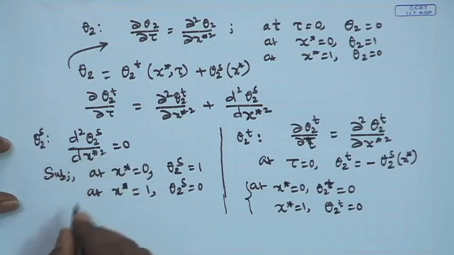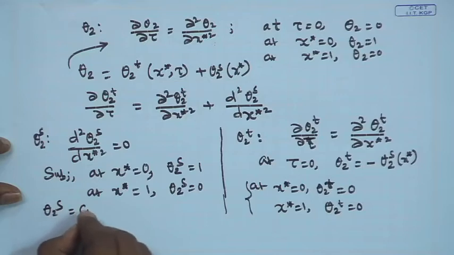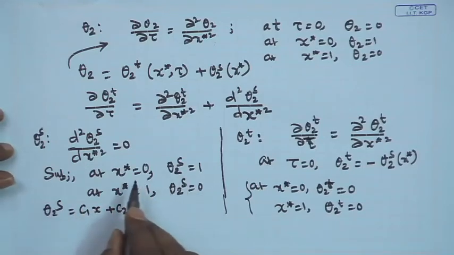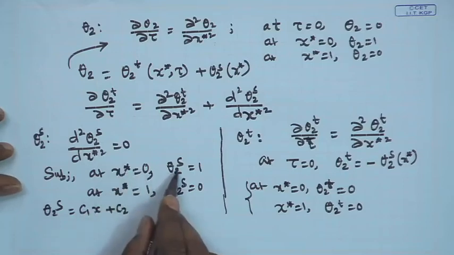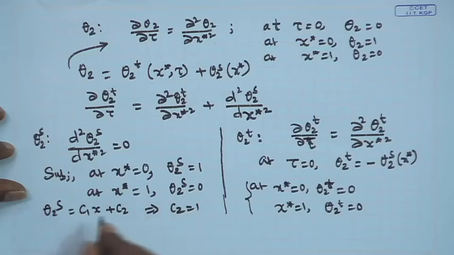If you really solve this equation, the solution of theta 2 s will become C1 x plus C2. If you write down the boundary condition at x equal to 0, theta 2 s is equal to 1, that gives you C2 is equal to 1. At x star is equal to 1, theta 2 s is equal to 0, so this becomes C1 x plus 1 at x equal to 1.